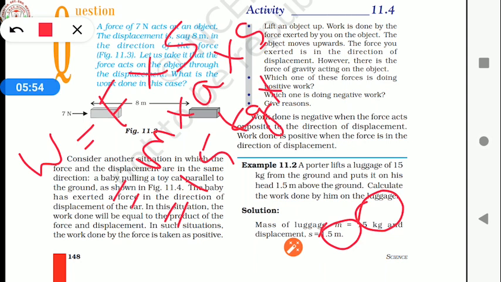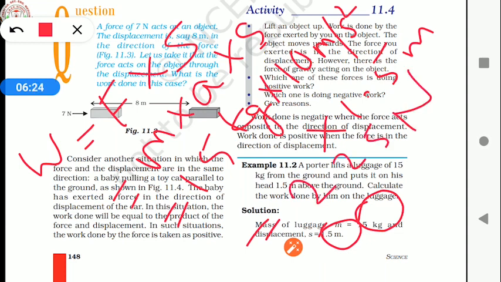Here acceleration means acceleration due to gravity, that is equal to 10 meter per second square, into what is the displacement? 1.5 meter. So 1.5 into 10 means 15. 15 into 15 is equal to 225 joules. Work done, the unit is joules. So your answer is 225 joules. Is it clear, children?